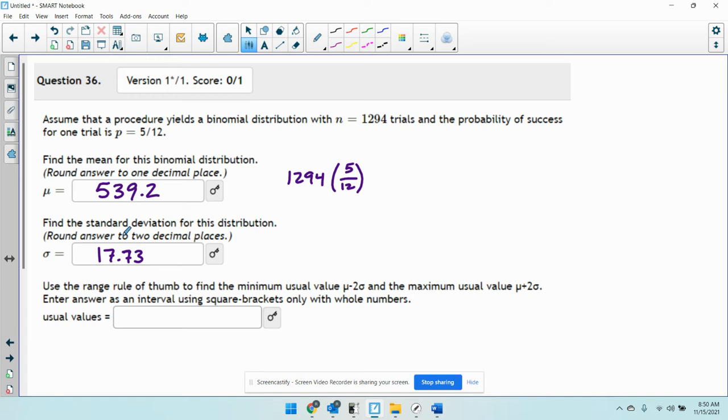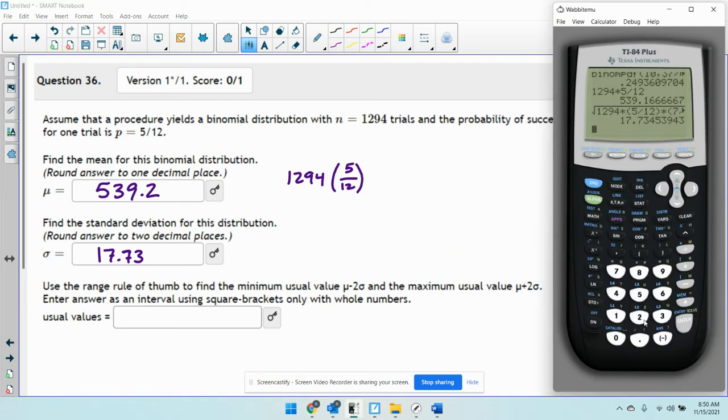And then it says use the rule of thumb to find the minimum usual value, which is just mu minus 2 sigma, and the maximum usual value, which is mu plus 2 sigma. Do 2 times this. This is not theta, this is sigma. 2 times sigma. Theta is completely different. 2 times sigma, I get that. So then I'll take my mean, subtract it, take my mean, and add it.